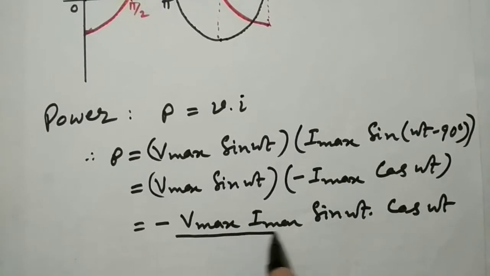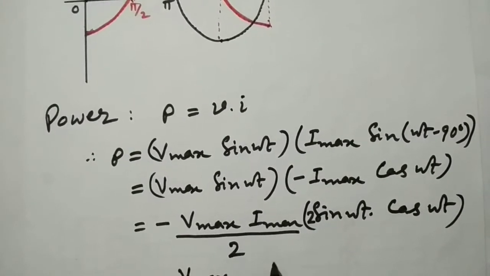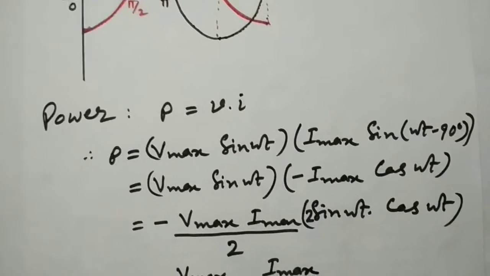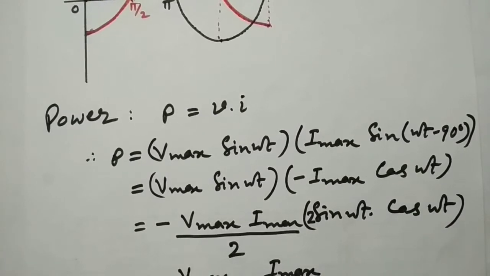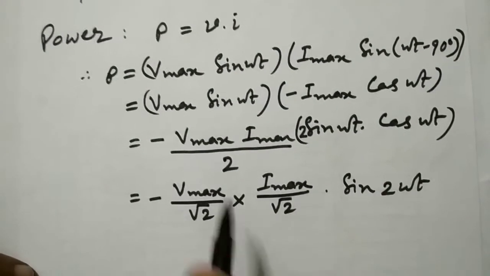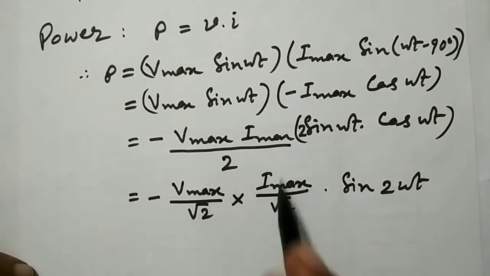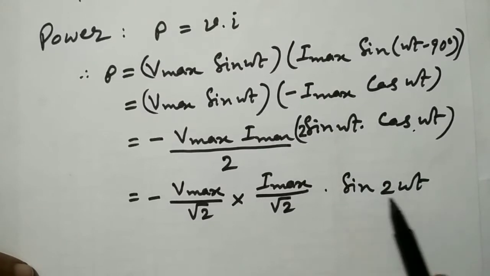Divide the parameter by 2 and again multiply by 2. So it can be written as minus Vmax upon root 2 into Imax upon root 2, and 2 sin omega t cos omega t can be written as sin 2 omega t.